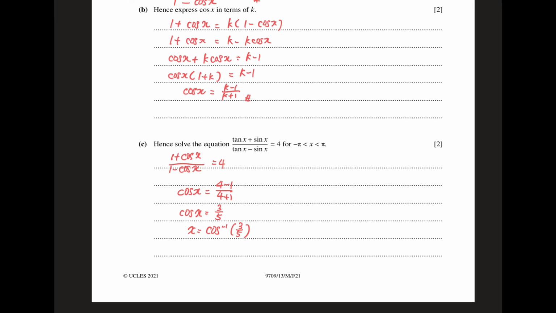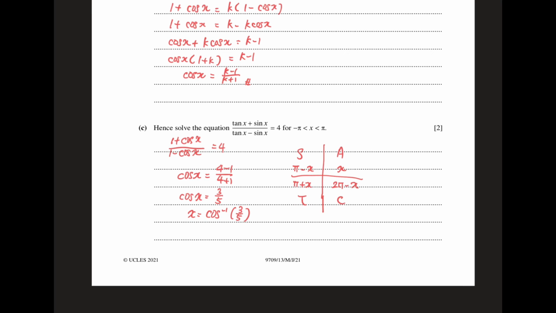So based on the ASTC that we learned just now, in radians, of course, we are going to take x, pi minus x, pi plus x, 2 pi minus x. And our cos x is positive. So you know that cos is positive at first quadrant and fourth quadrant.